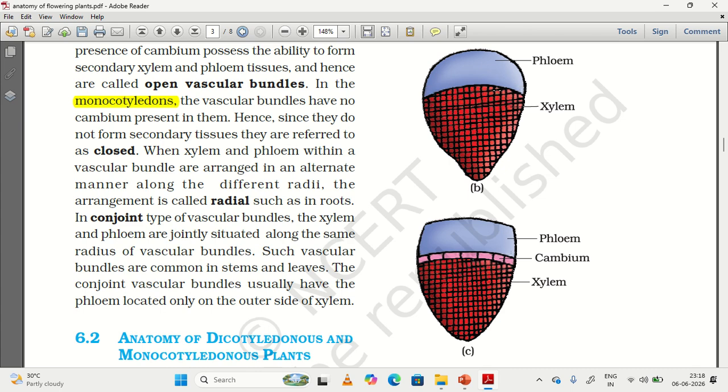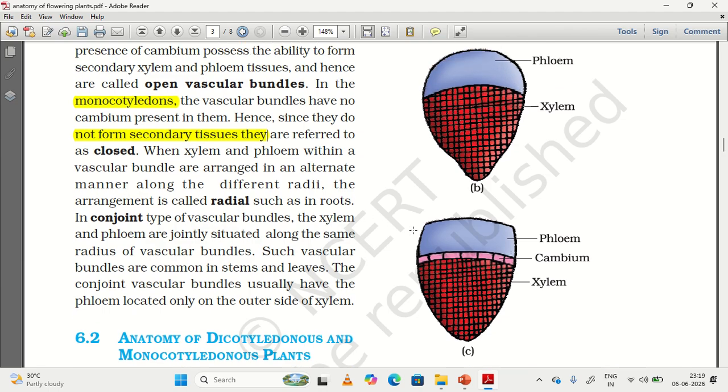Hence, they do not form any secondary tissues. They don't form any secondary xylem or secondary phloem. So this type of vascular bundle is called a closed type of vascular bundle.